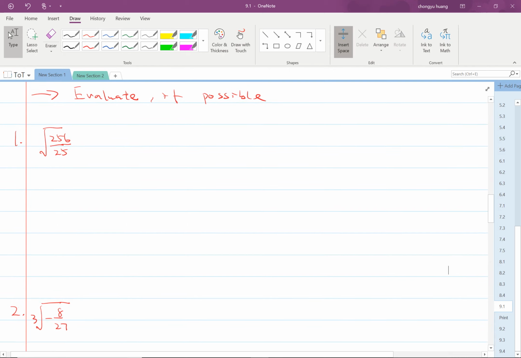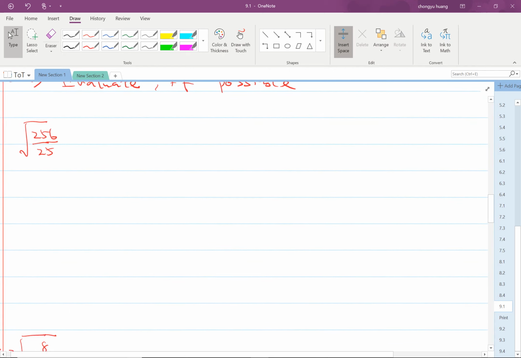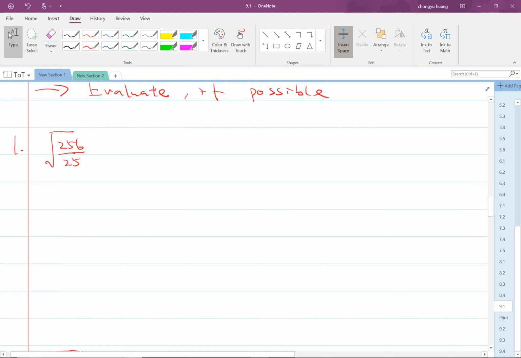For question 1, let me zoom in a little bit. As you can see, we have something in a square root. If nothing is written over the root, we assume it is equal to 2.